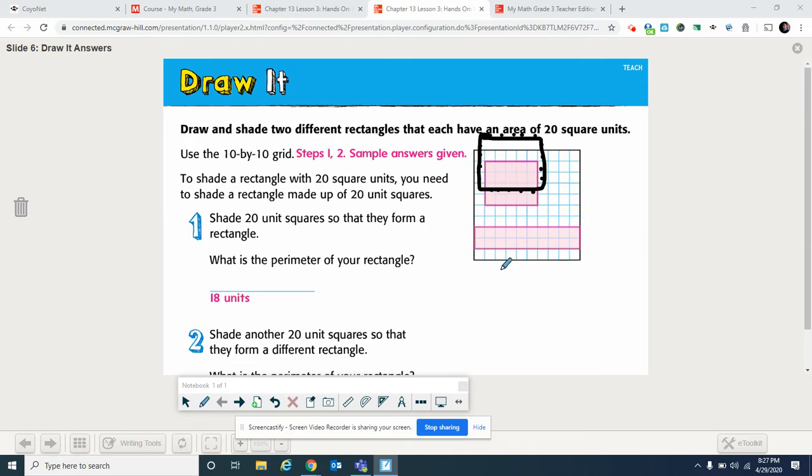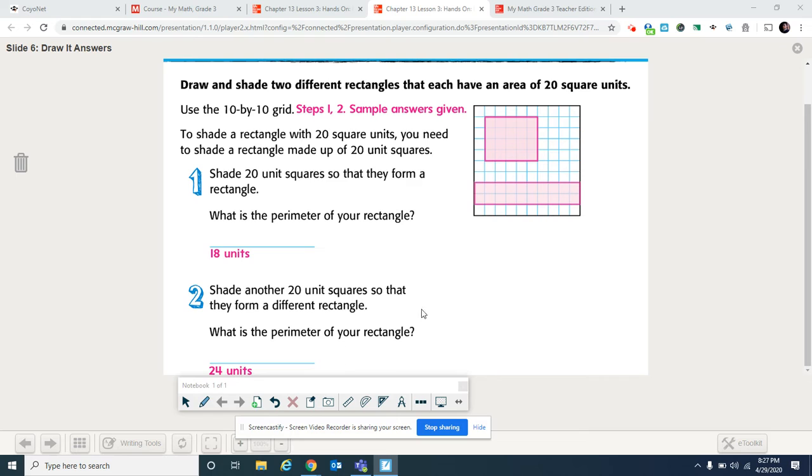Now, on the other side, the answer is 24. Why? Because we just need to count or measure the outside of our rectangle. So let's count: 1, 2, 3, 4, 5, 6, 7, 8, 9, 10, 11, 12, 13, 14, 15, 16, 17, 18, 19, 20, 21, 22, 23, and 24.